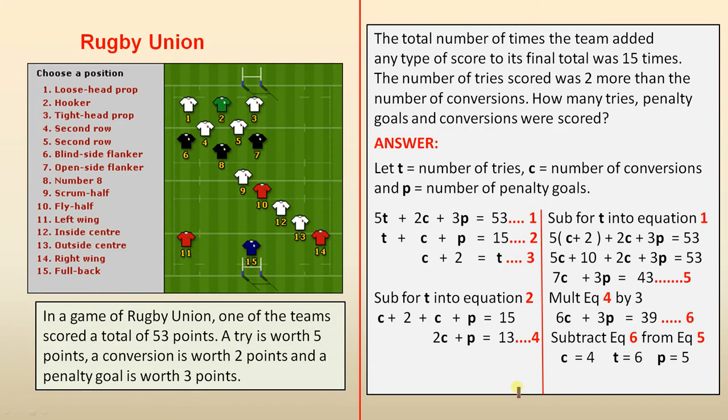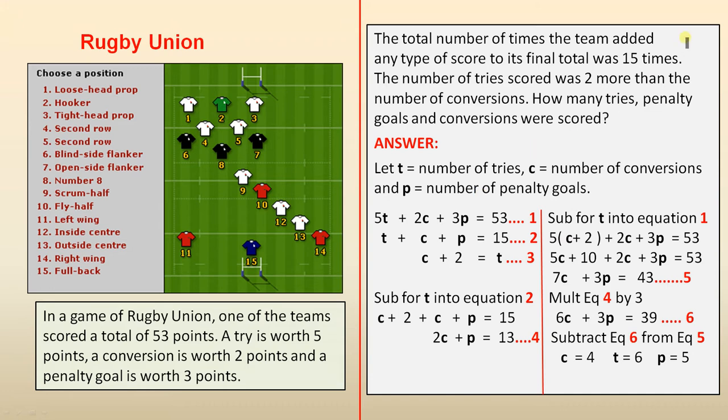Here is an interesting problem concerning rugby union. In a game of rugby union, one of the teams scored a total of 53 points. A try is worth 5 points, a conversion is worth 2 points, and a penalty goal is worth 3 points.